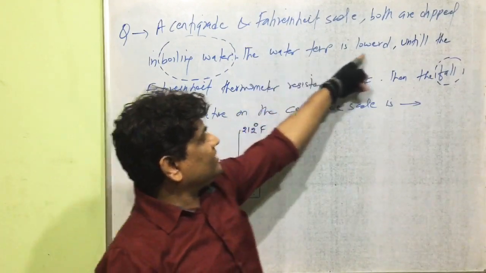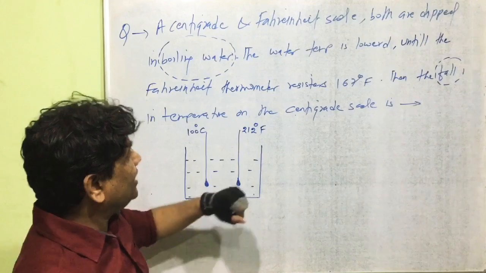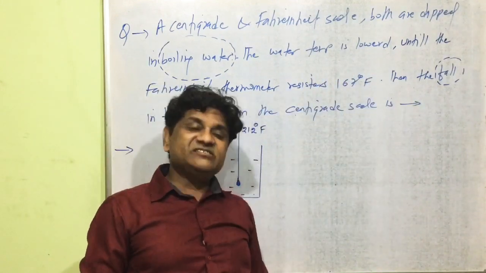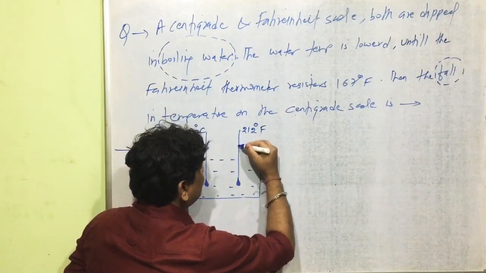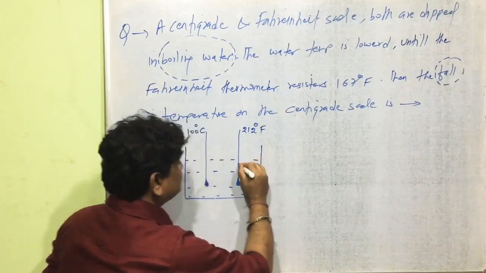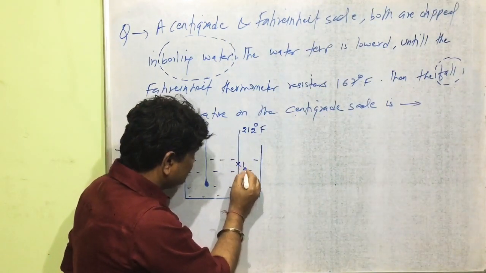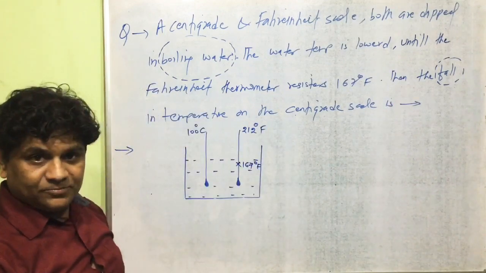Now, the water temperature is lowered until the Fahrenheit thermometer registers 167 degrees Fahrenheit. So this value is 167 degrees Fahrenheit.